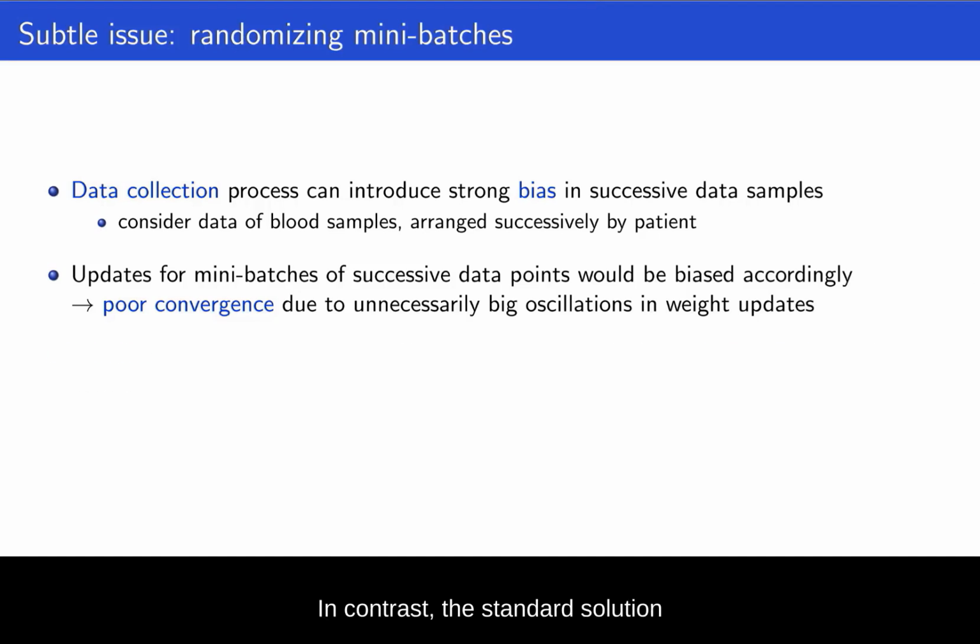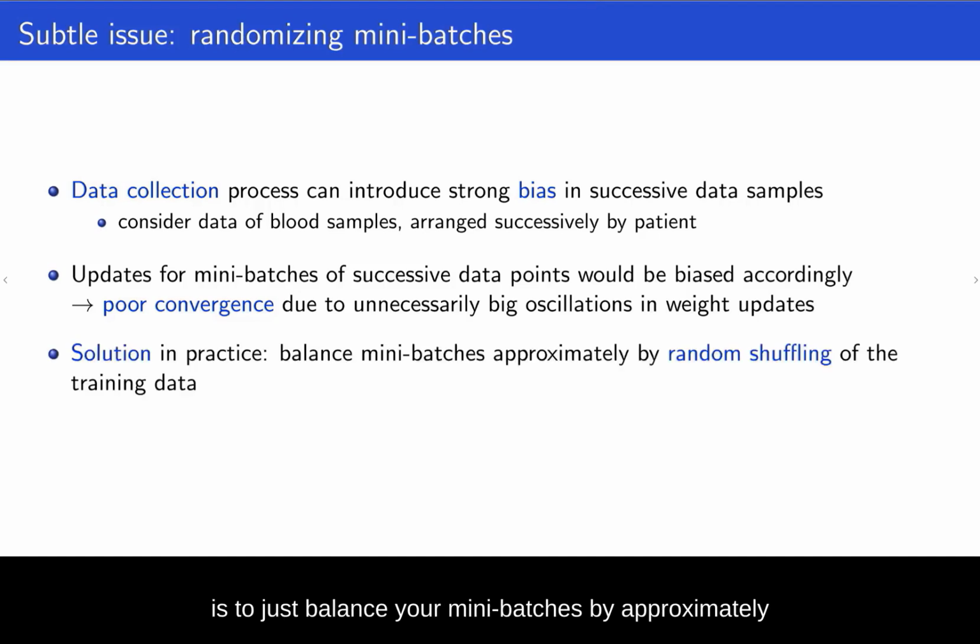In contrast, the standard solution is to get an unbiased estimate of the gradient by simply randomly shuffling all your training data. So you typically do one shuffle of your training data, and then you iterate over that shuffled list.